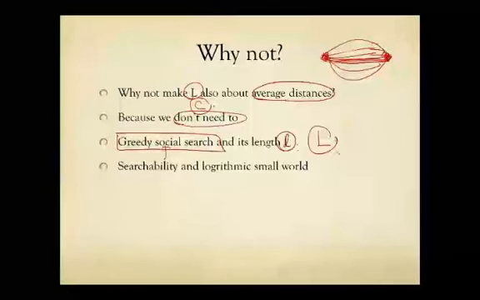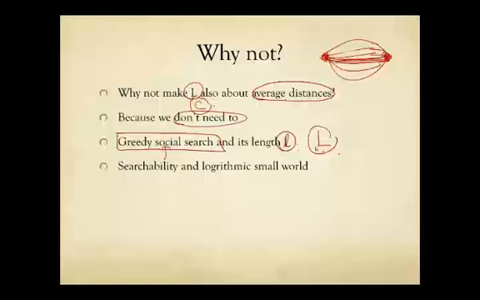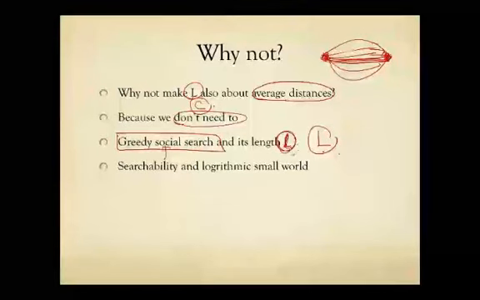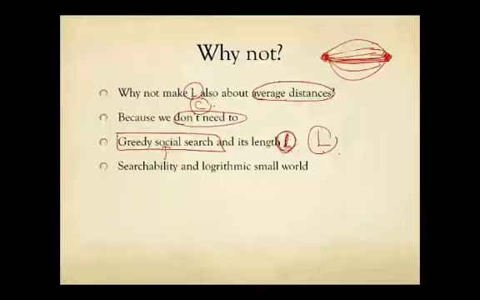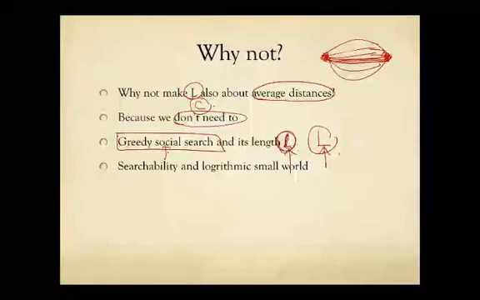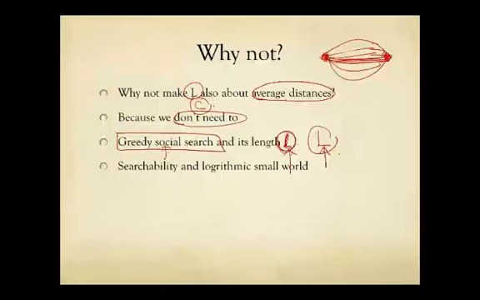Big L is talking about the existence of a short path. Little l is talking about the ability to route according to a greedy method and end up with a short path. This is an existence result. This is a computability, or searchability, navigability result. It says that local information used in a greedy fashion can lead you to some short path.